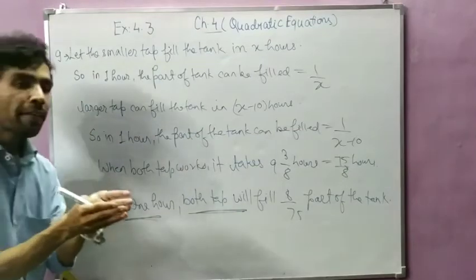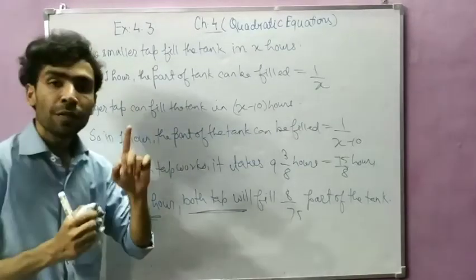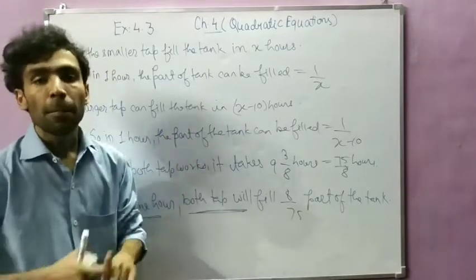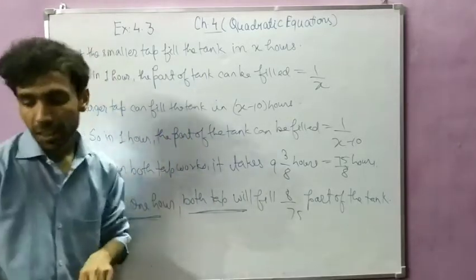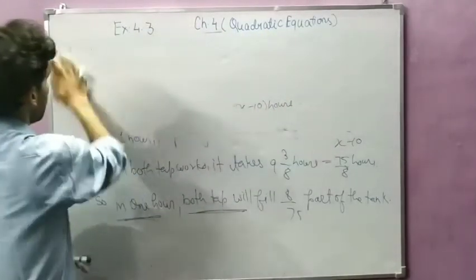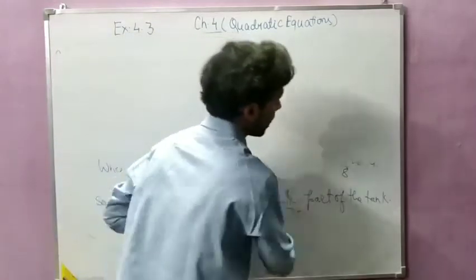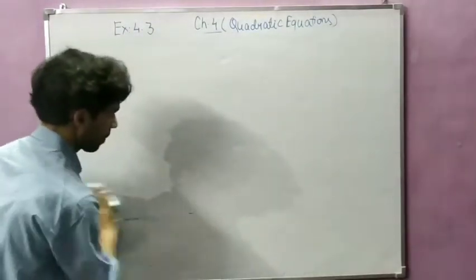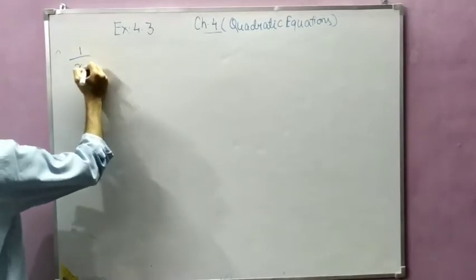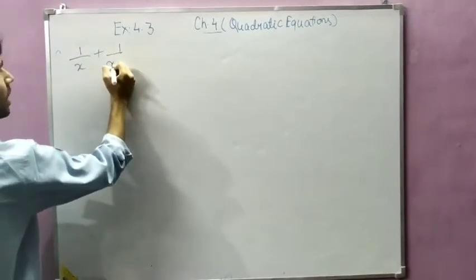Okay, so when both taps work for 1 hour, we will add the 1 hour work of the smaller tap plus the 1 hour work of the larger tap. So by this we can say 1 by x plus 1 by x minus 10.